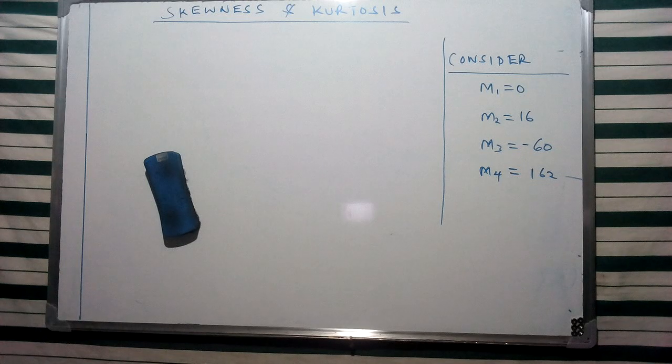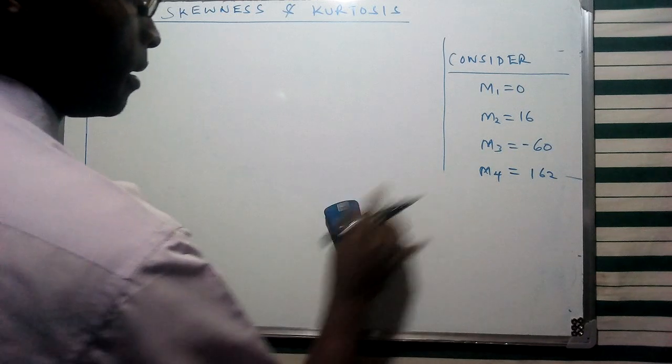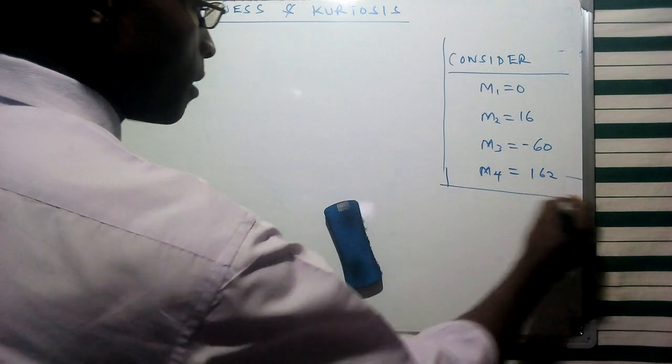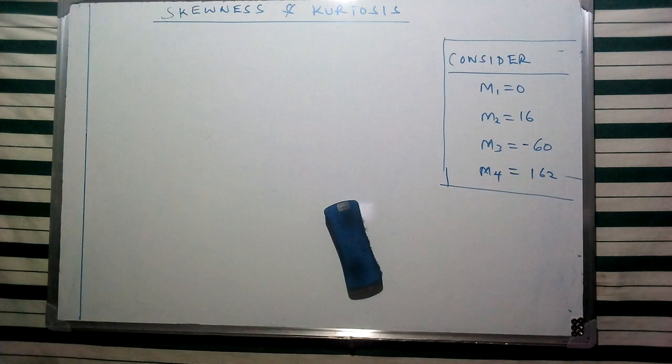skewness. The first was the measure of skewness using Pearson's coefficient of skewness. Then I mentioned Bowley's coefficient of skewness, which depended on the concept of quartiles. And lastly, I mentioned the moment coefficient of skewness.